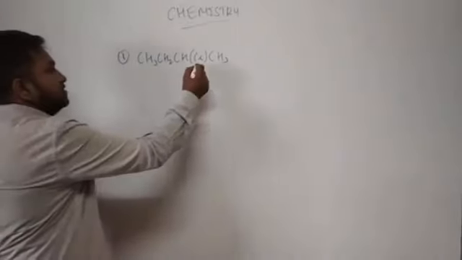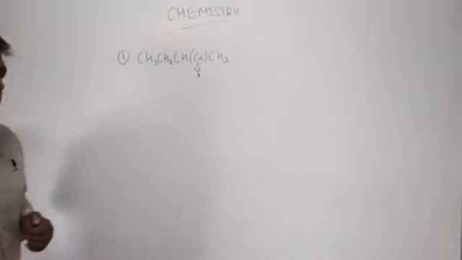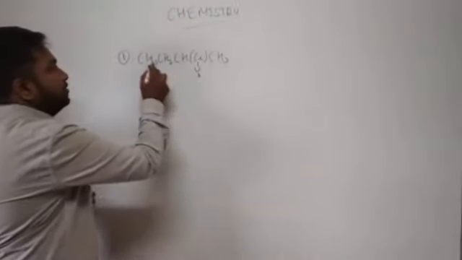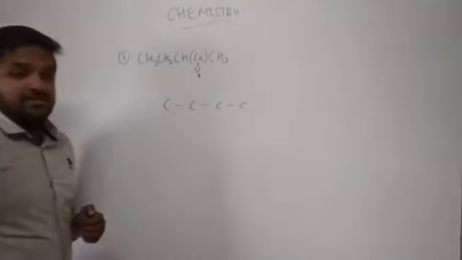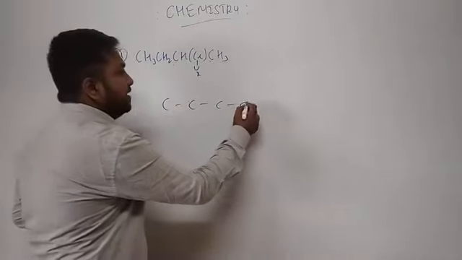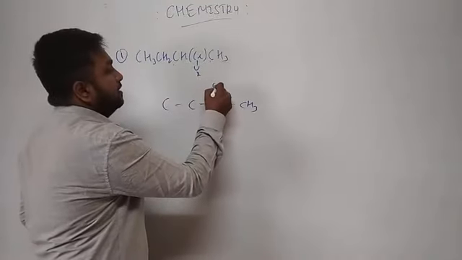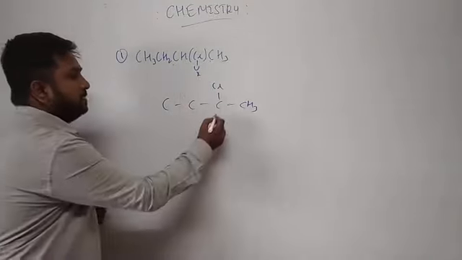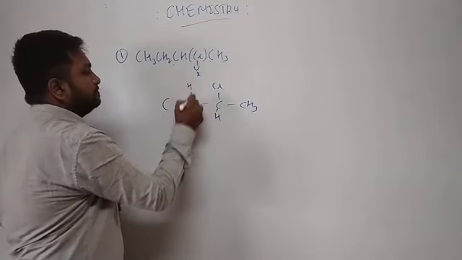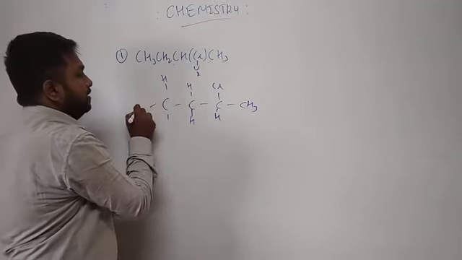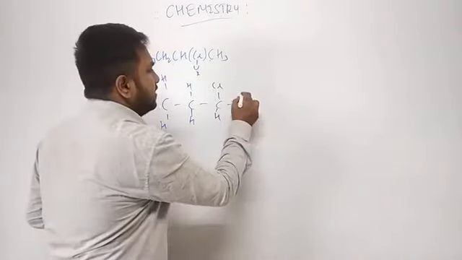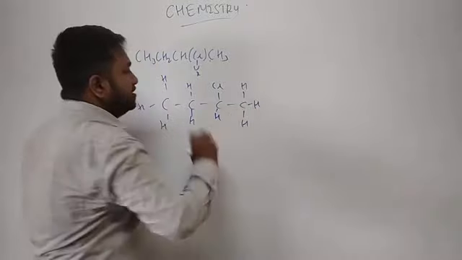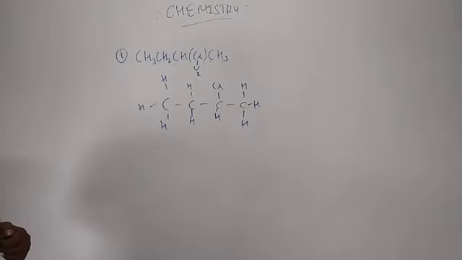See, this is the halogen we have, and we have 1, 2, 3 and 4 carbon atoms. Clear? So for our understanding purpose, let's write in this format. CH3, and chlorine is added to this carbon, and we have hydrogen and hydrogen. Clear? So in the initial stages of writing the IUPAC name, follow this format only. It will make it easier for you.